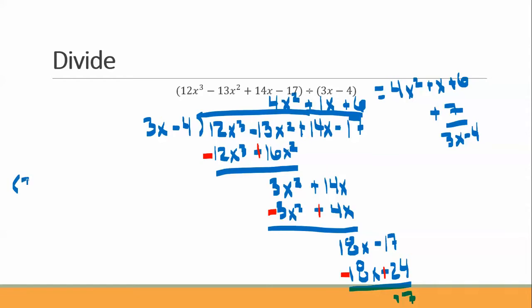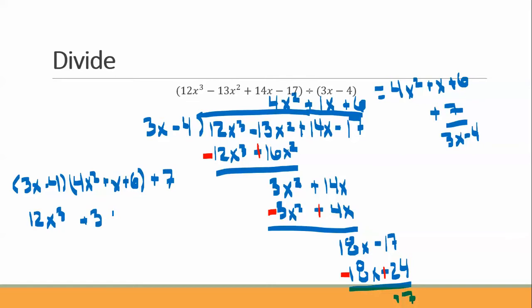We have 3x minus 4 times 4x squared plus x plus 6. And then we're adding a remainder at the end. So 3x times that whole thing is 12x cubed plus 3x squared plus 18x.